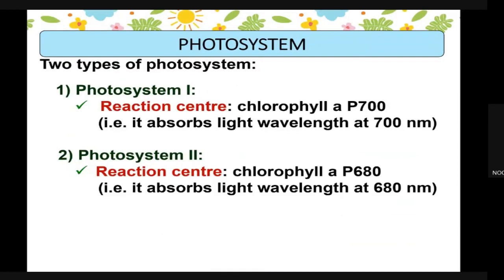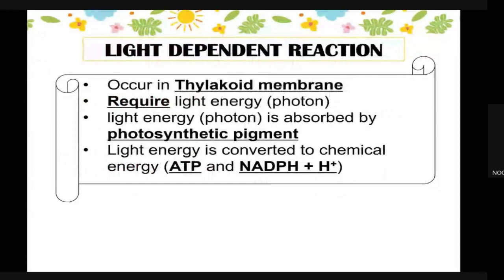So based on the chlorophyll A, there are two photosystems. Photosystem 1 is the chlorophyll A P700, while photosystem 2 is the chlorophyll A P680. Light-dependent reaction occurs in the thylakoid membrane. It requires light energy, which is called photon.